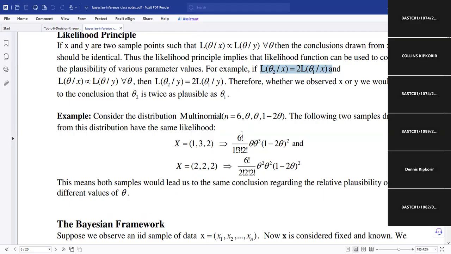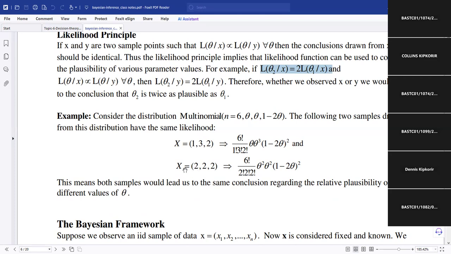So talking about the multinomial distribution, we'll have 6 factorial over 1 factorial, 3 factorial, 2 factorial, based on whatever we have here as our observed values. Then we have theta raised to power 1, theta raised to power 3, and 1 minus 2 theta raised to power 2, which is this.